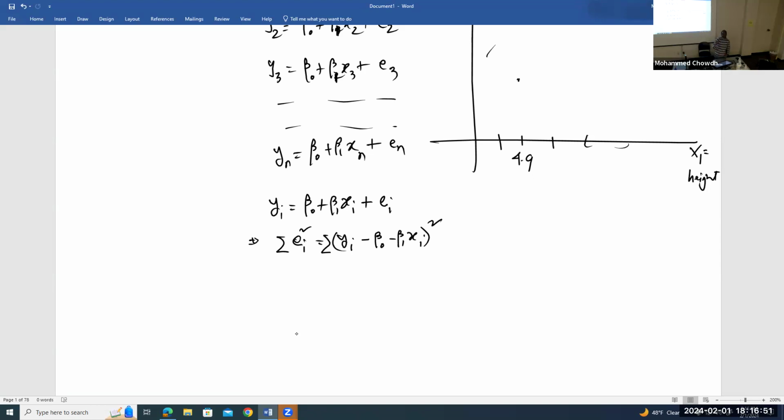The smaller the sum of squares of error, the better the prediction is, right? We have to minimize this. So how can you minimize this? If the first derivative equals 0 and the second derivative is positive, then you have a minimum. If the first derivative is 0 and the second derivative is negative, then it will be a maximum.